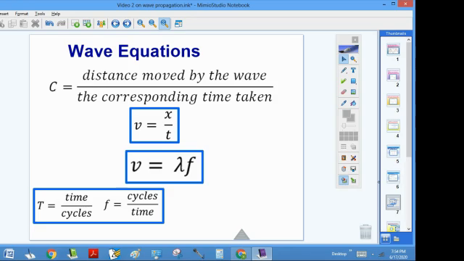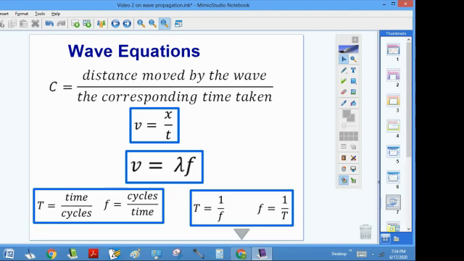So you can see that frequency and period are inversely proportional to each other, as described in this equation: T is equal to 1 over f. Capital T stands for period, while f stands for frequency. So that's the relationship between period and frequency.